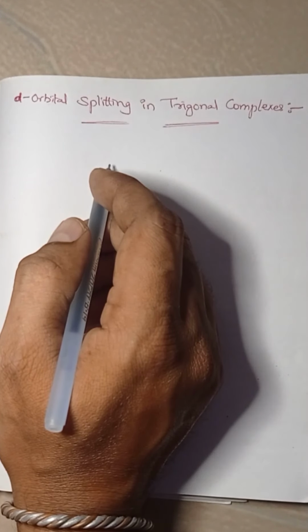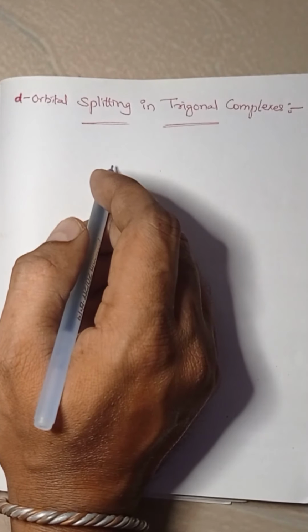Here today I am explaining to you the d-orbital splitting pattern in trigonal complexes.